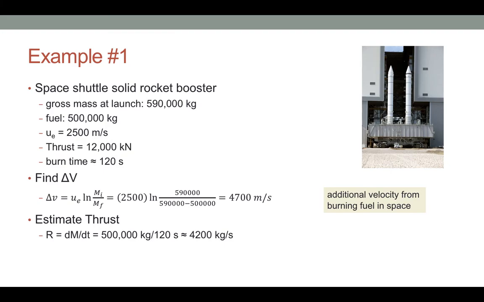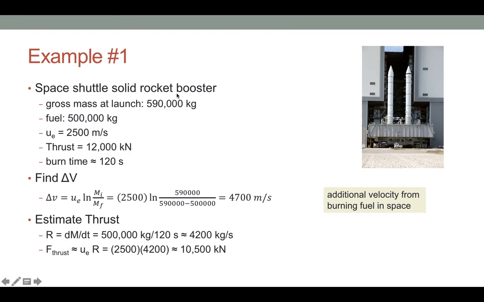Then we can estimate the thrust by calculating roughly what R would be. That's the amount of fuel that we're burning divided by the time that we're burning it for. R is the rate of change of the mass. That's about 4,200 kilograms per second. We plug that into the thrust equation, and we get a bit over 10,000 kilonewtons, which is a bit less than what we're seeing right here.